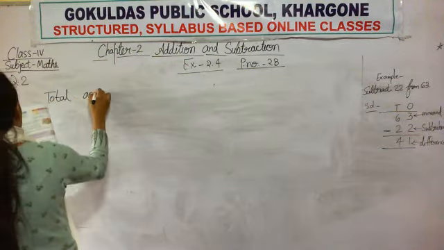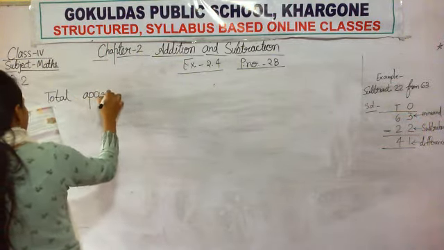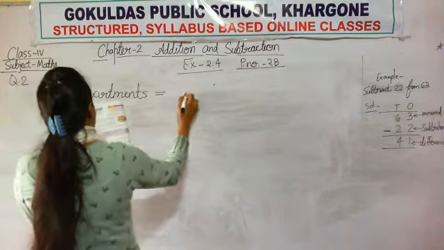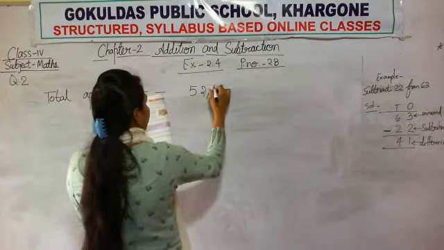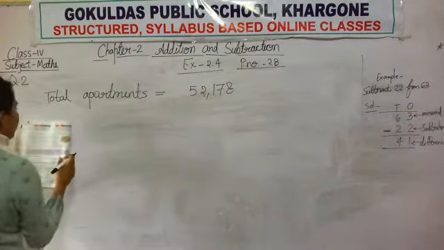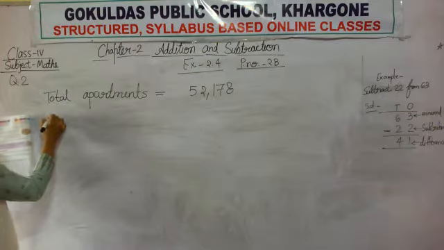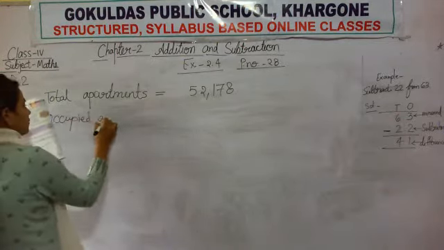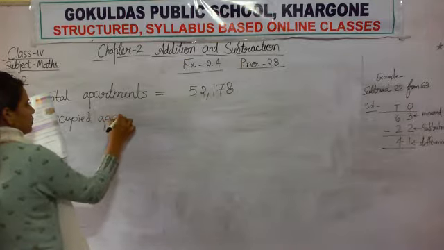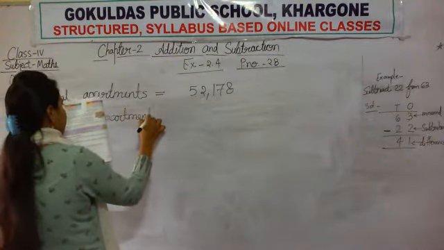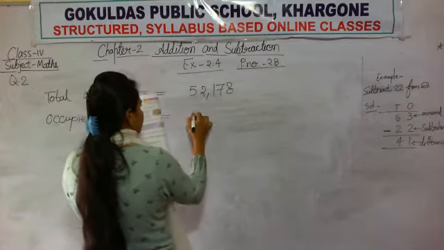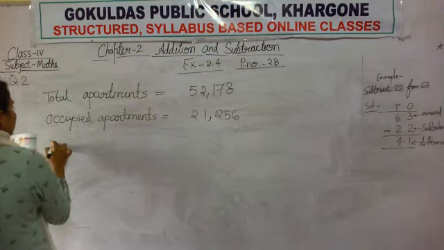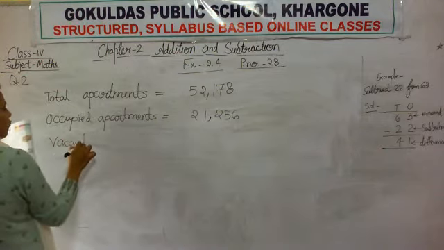Total apartments, 52,178. How many are occupied out of them? Occupied apartments: 21,256.